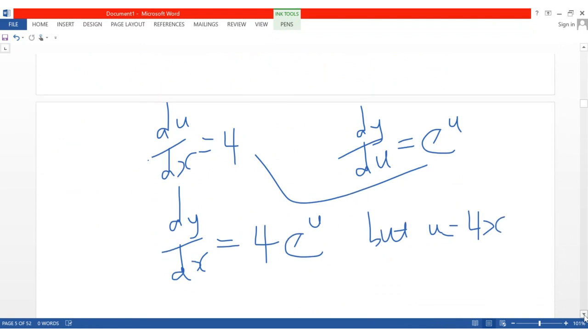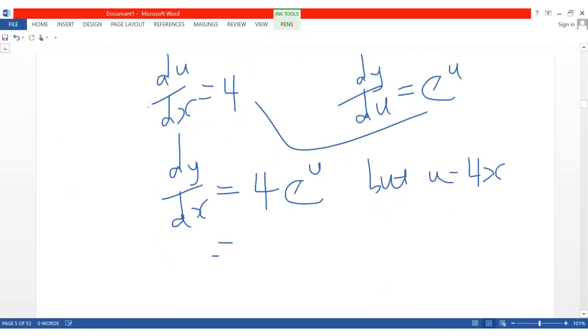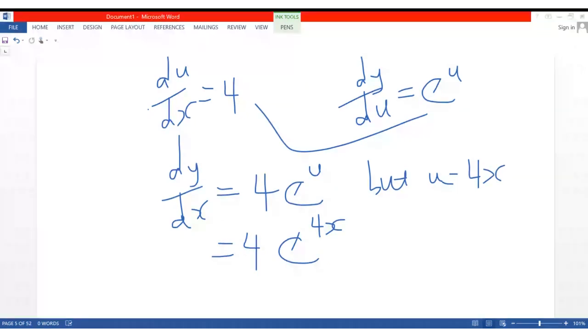So I'll get 4 exponential 4x. I'll be able to give you now a hint of what is happening, because for later ones, you can be able to do them. For the exponential function, you can do it without introducing the u. It is possible. But if you cannot do it, just introduce the u.